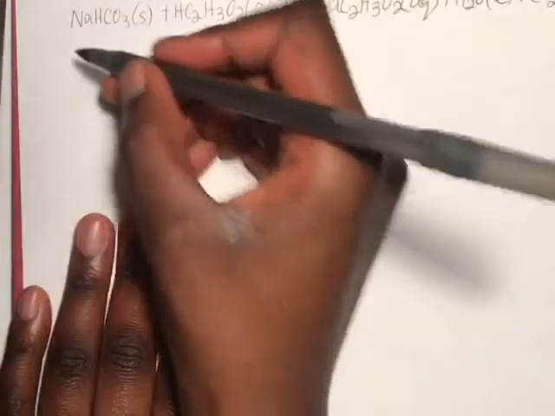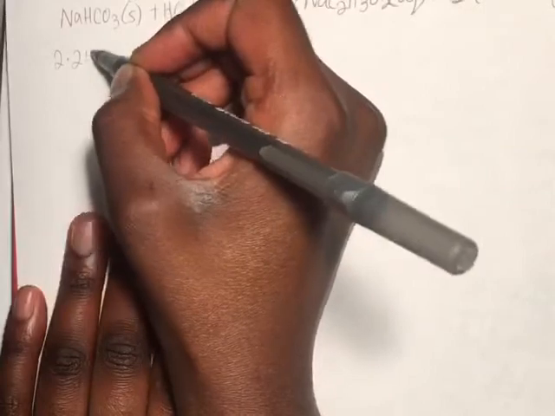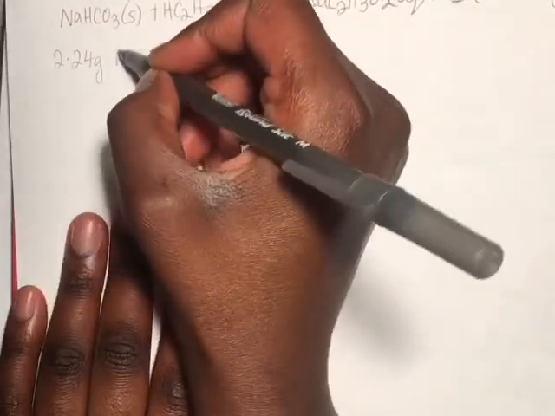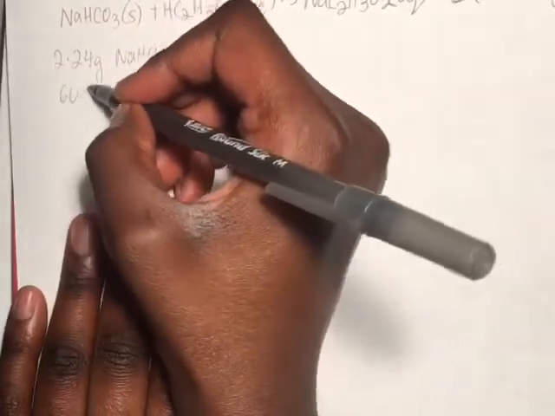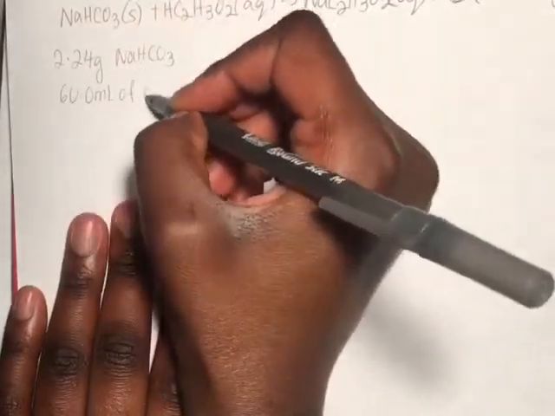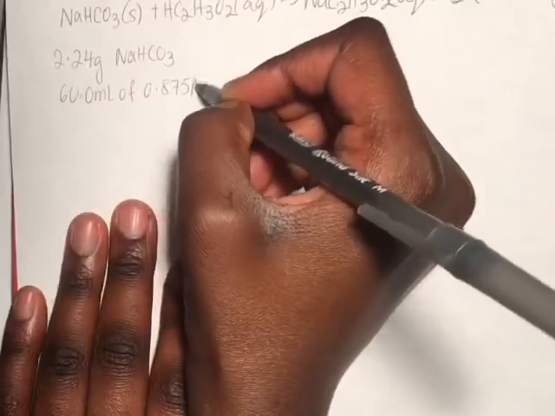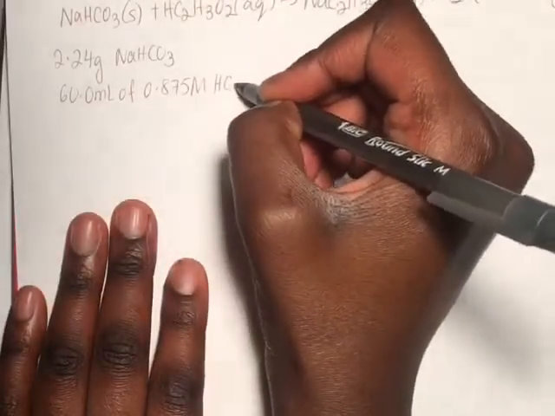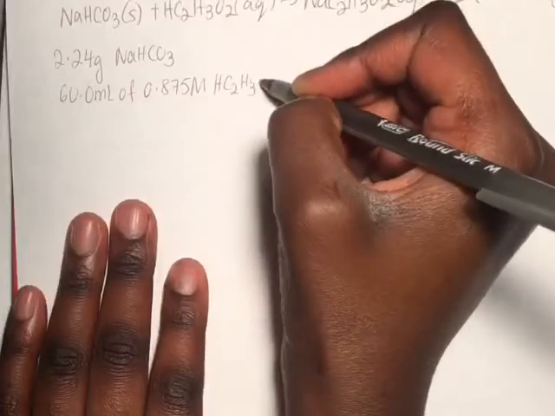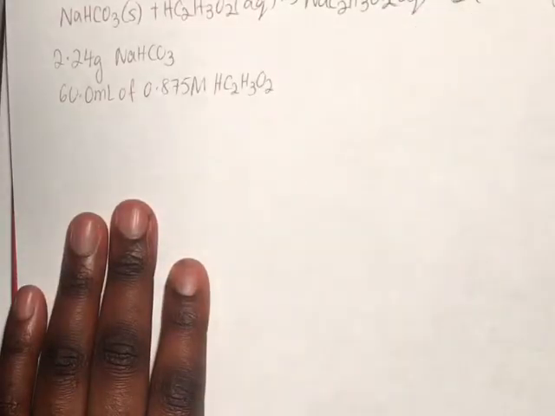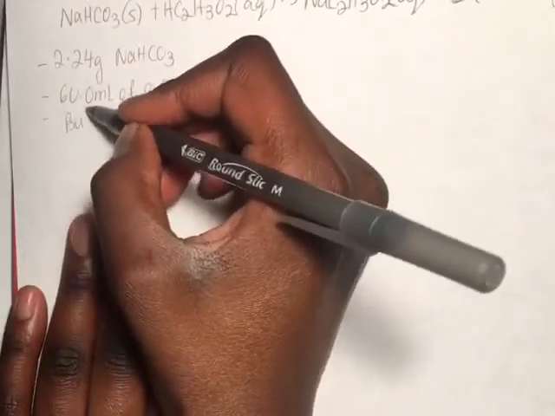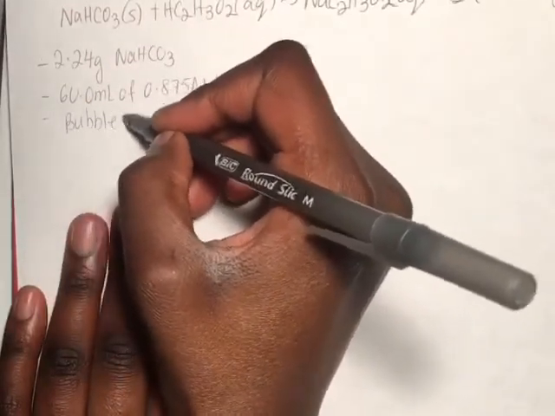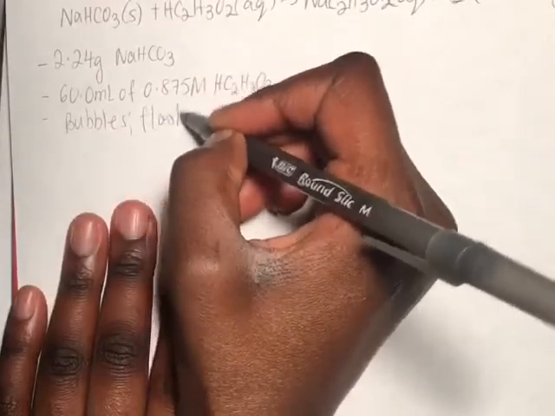And we're told that there is 2.24 grams of NaHCO3 and 60.0 milliliters of 0.875 molarity HC2H3O2. And there are bubbles. And the flask gets cooler.